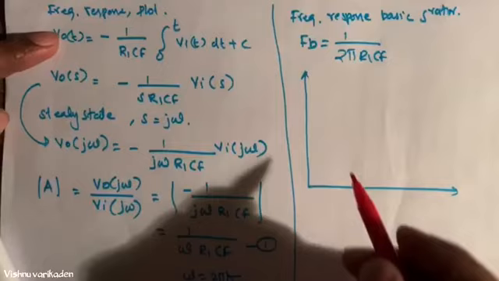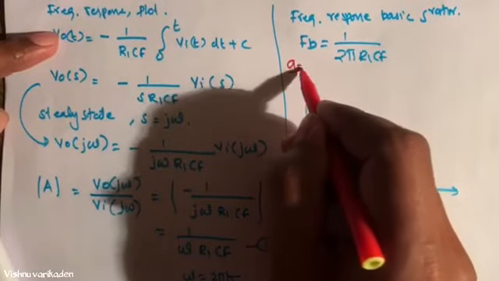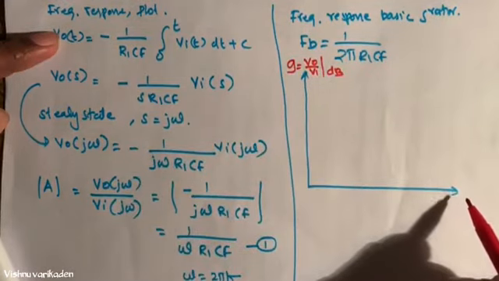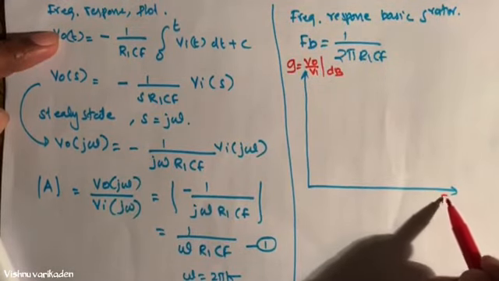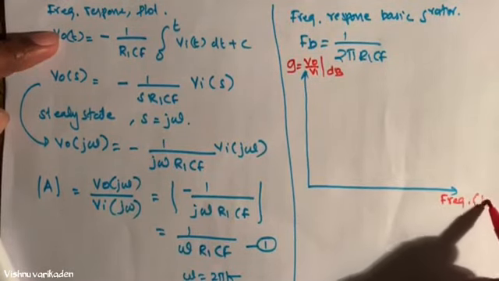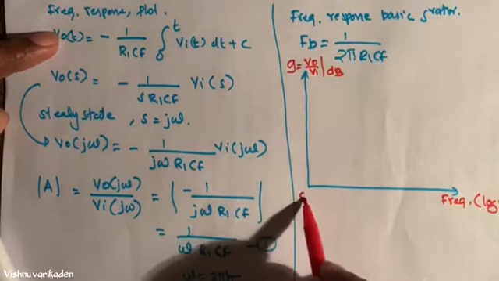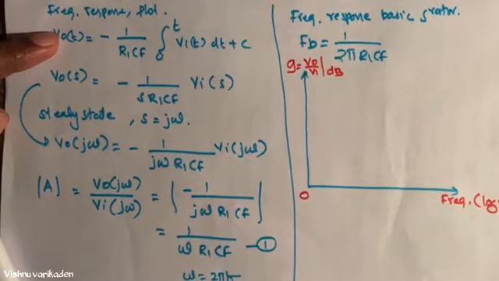This axis is the gain, V out by V in in dB, and this is the frequency in log scale. In the ideal case, when a zero frequency signal is coming, the capacitor CF is in the open condition, or XC is infinity.